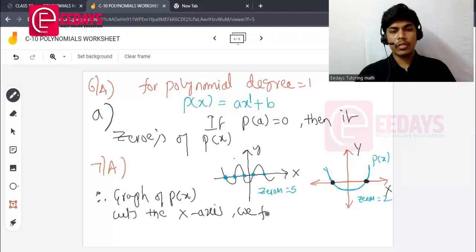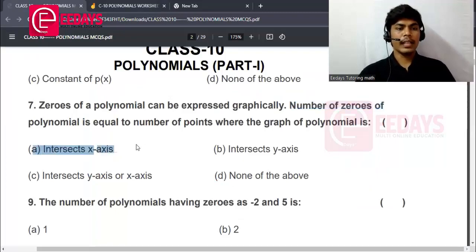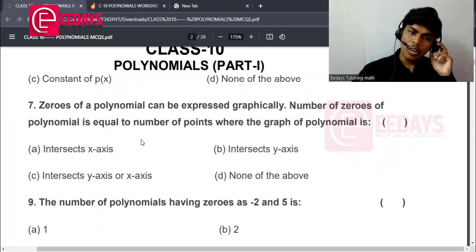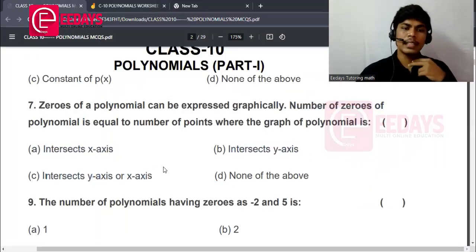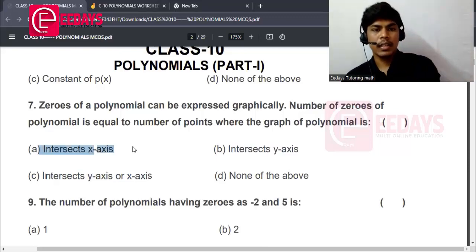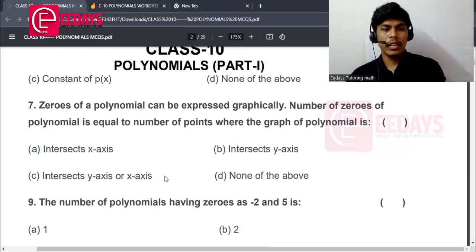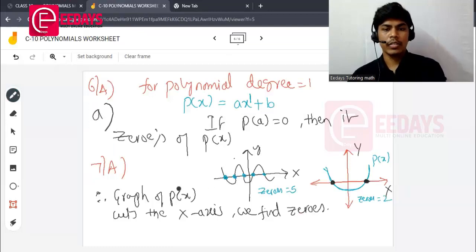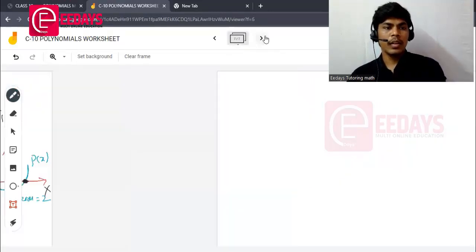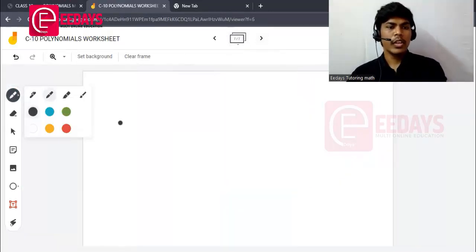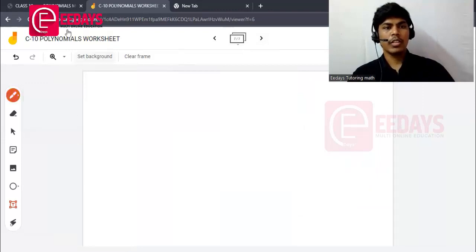We find zeros graphically. That's why option A is the correct answer. Intersecting at the x-axis, not the y-axis; we can only take the x-axis where it is intersecting. All right, I hope everyone understood. Simple. And you can see this type of question in the textbook also.